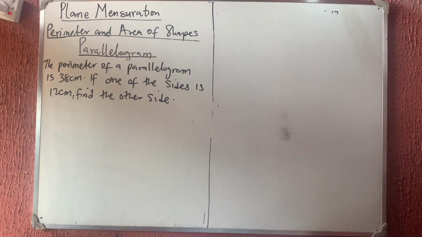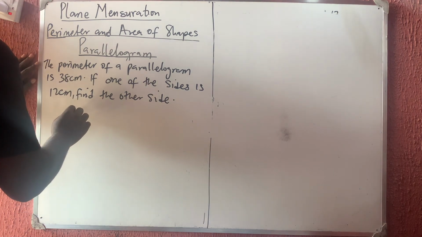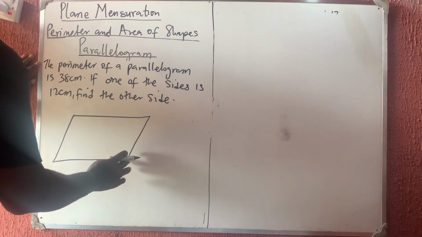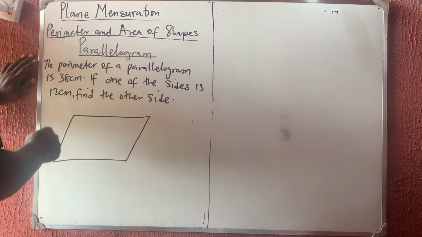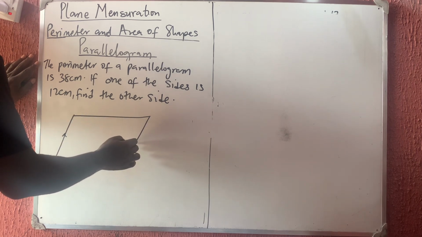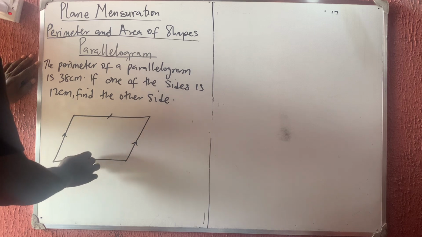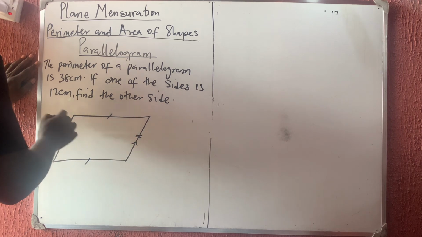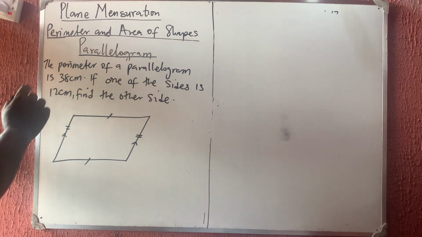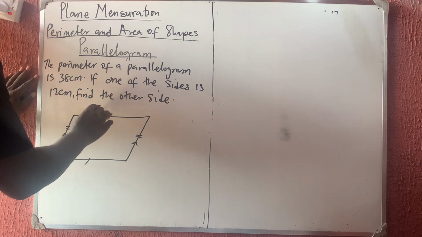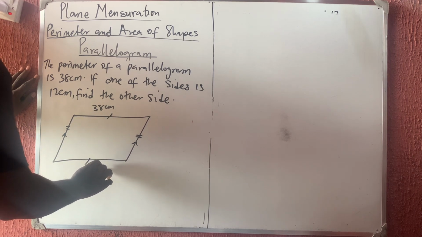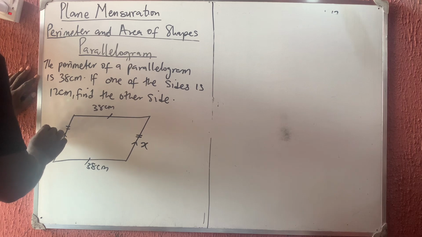It is very simple. We have that this is the parallelogram. If you like, you can draw it. The same way we find the perimeter of a rectangle is the same way we find the perimeter of a parallelogram, because this side is equal to this side, while this side is equal to this side. Let's assume this side is 12 cm, so this side is also 12 cm. If the other side is x, this side should be x.